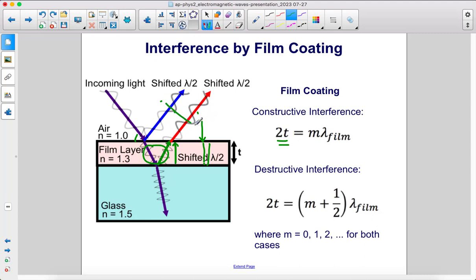See how the troughs line up with the troughs, the crests line up with the crests, and you will get constructive interference if your eyeball's over here looking at the light hitting your eye. These will be in phase with each other. However, if 2T, the extra distance traveled, is half a wavelength off, then these waves will no longer be in sync and there will be destructive interference.